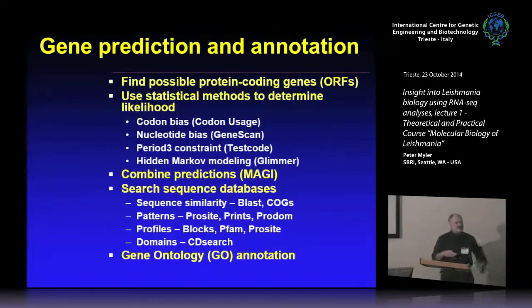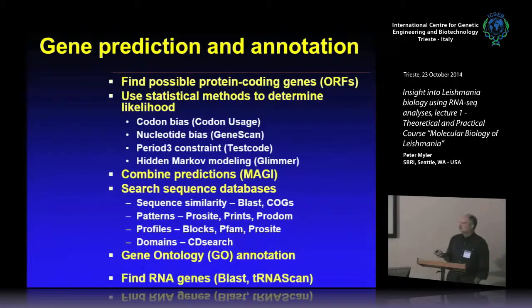Prior to that, it was sort of the Wild West where whatever the annotator felt like on that particular day, that was the description that they used. And so it became really very difficult to compare the same gene in more than one genome. And since the advent of gene ontology, or GO, it's much easier now to know that you're talking about the same thing in 2 different organisms.